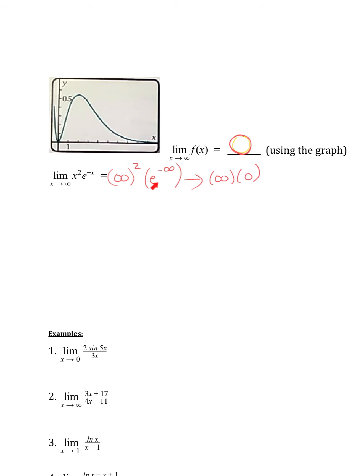Again, if I take e, which is 2.718, and I raise it to a really, really big negative number, that's going to get me closer and closer to 0. So, we don't have 0 over 0 yet, and we don't have infinity over infinity yet. So we can say, at this point, L'Hopital's rule does not apply yet.